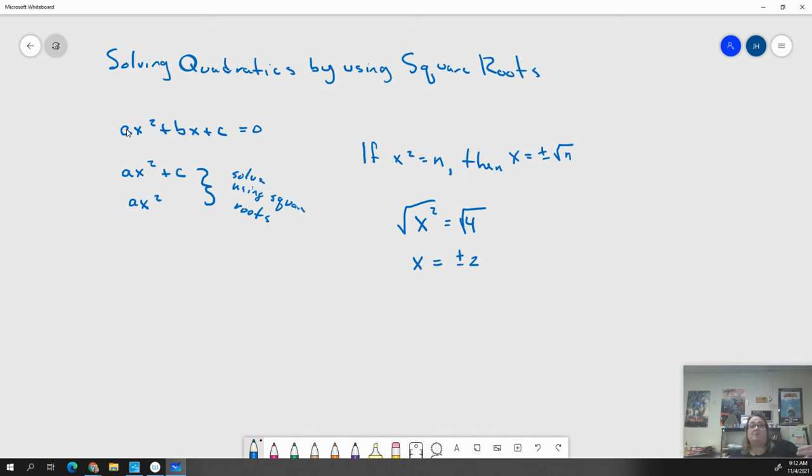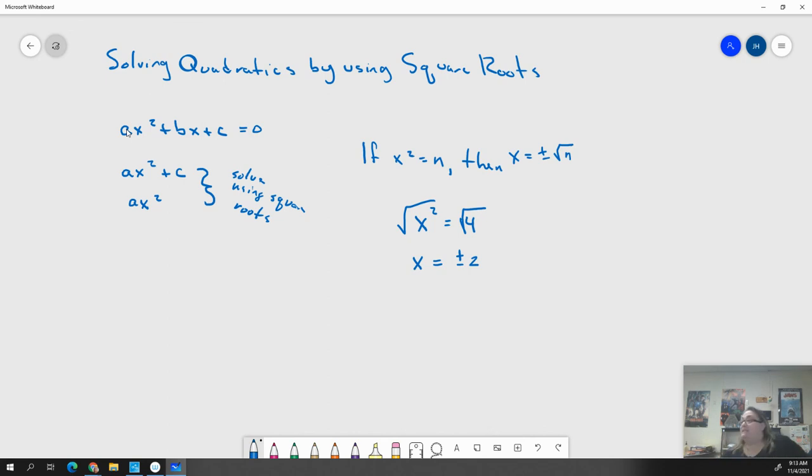And as we get into higher maths, we can't neglect that negative anymore, right? Which is what we did when we were younger, because we didn't understand integers. When we first learned about square roots, we didn't know about integers. We didn't understand negative numbers. But now we know that a negative times a negative equals a positive. So to get 4, we can either multiply negative 2 times negative 2 or 2 times 2. So we have to acknowledge both of those answers, both of those solutions.